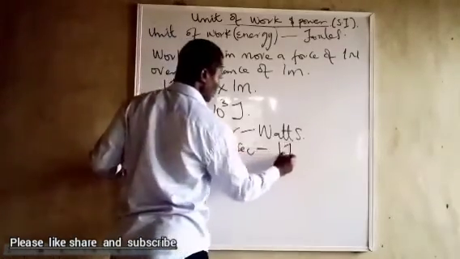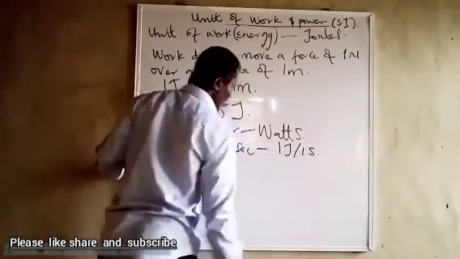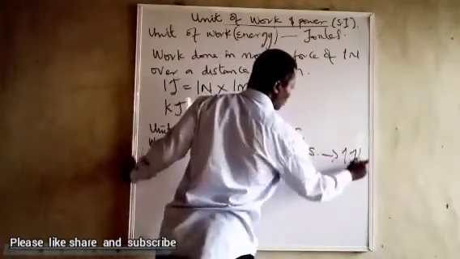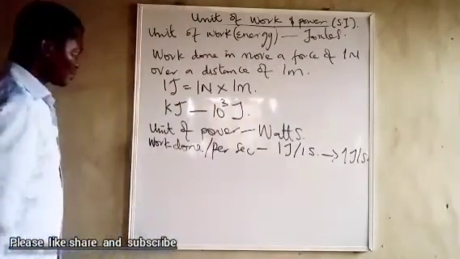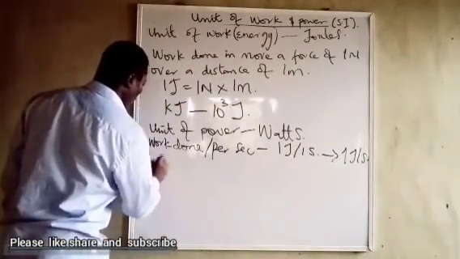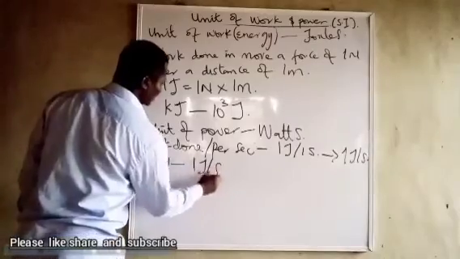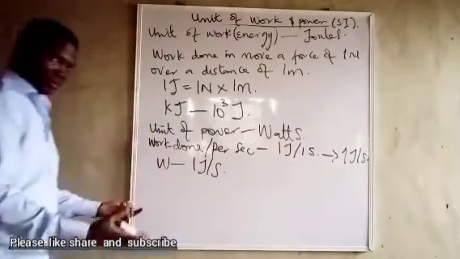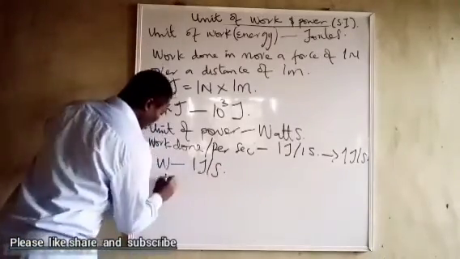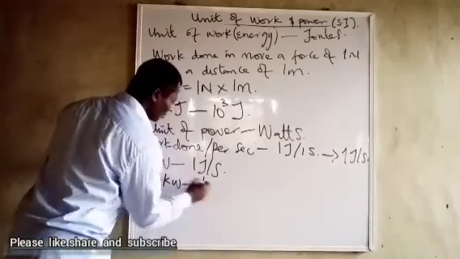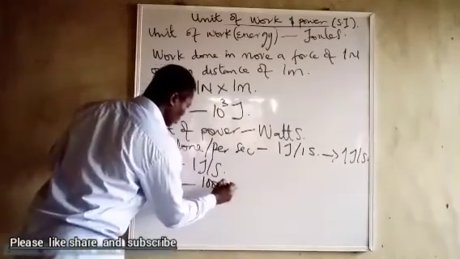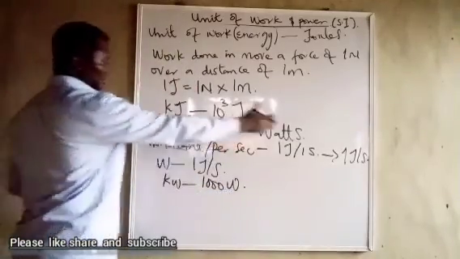That is 1 joule in 1 second. 1 joule per second. We can have higher values for watts. We can have kilowatts, that is 1,000 watts, that is 1,000 joules per second.